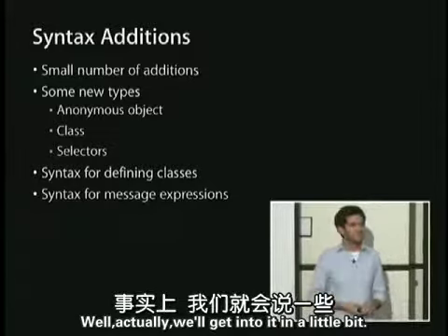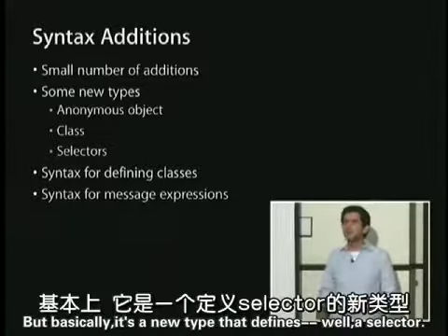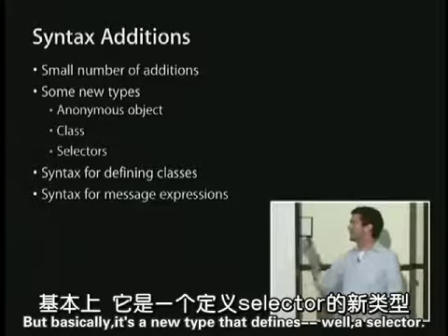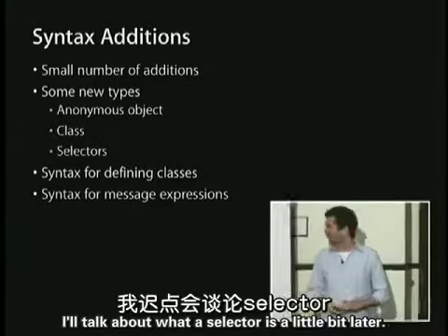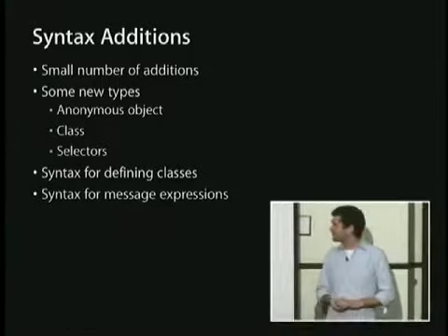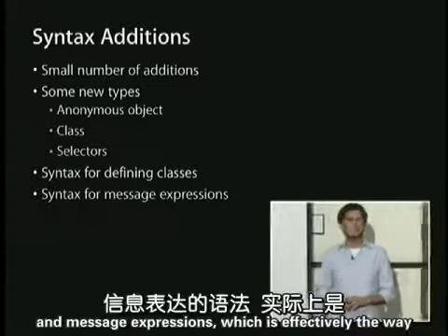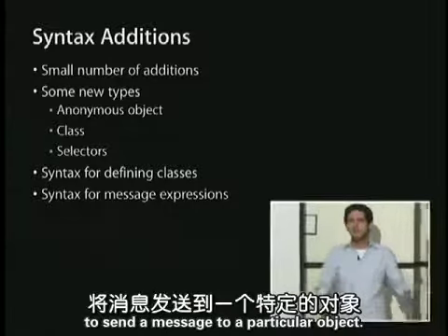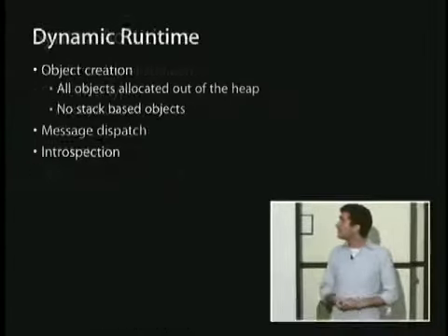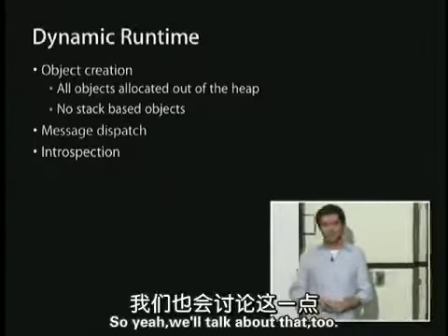Basically, it's a new type that defines, well, a selector. So I'll talk about what a selector is a little bit later. And then there's also additional syntax for defining classes and message expressions, which is effectively a way to send a message to a particular object. So yeah, we'll talk about that too.